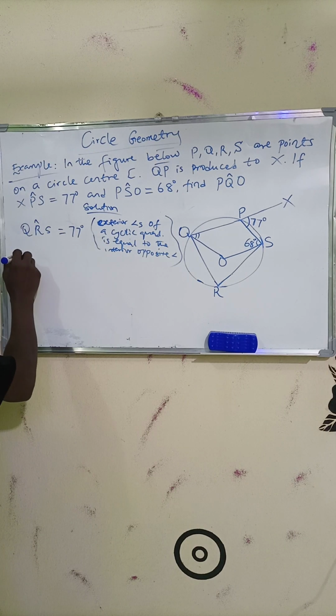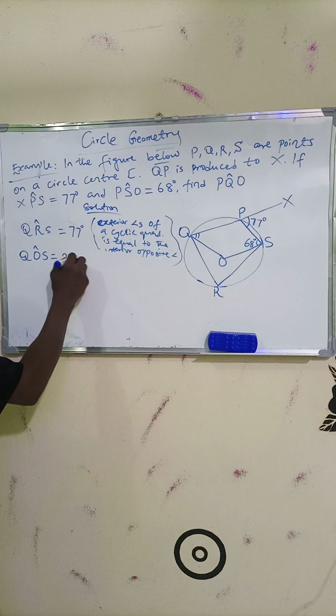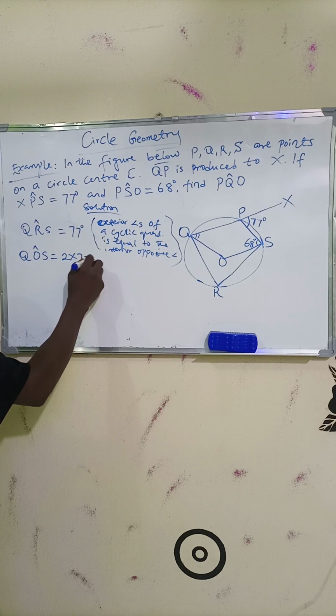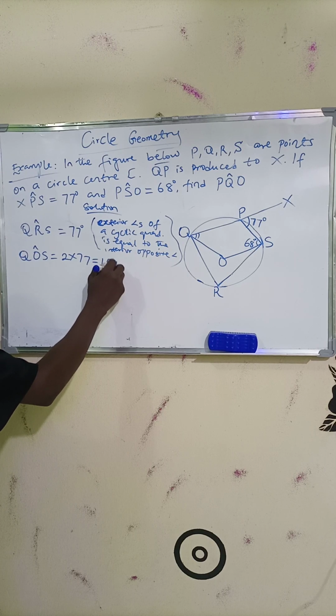So QOX will be equal to 2 times 77, which will give us 154 degrees.